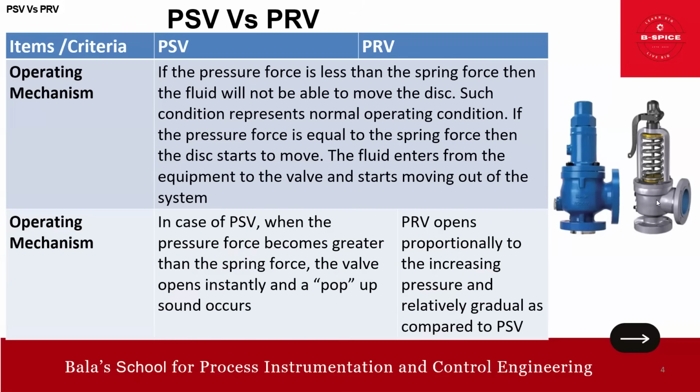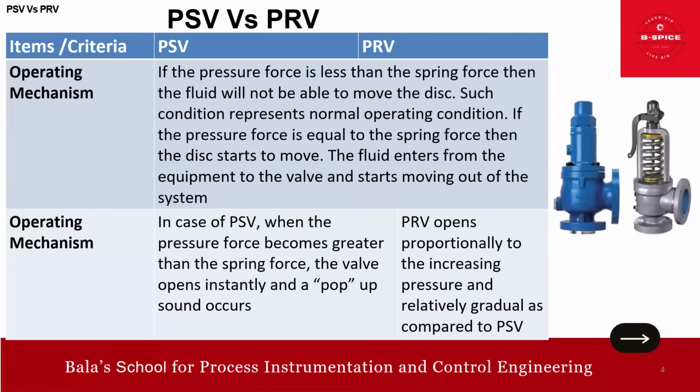If the pressure force acting here is equal to the spring force, then the disc starts to move. The fluid enters from the equipment to the valve and starts moving out of the system. So this is the operating mechanism.